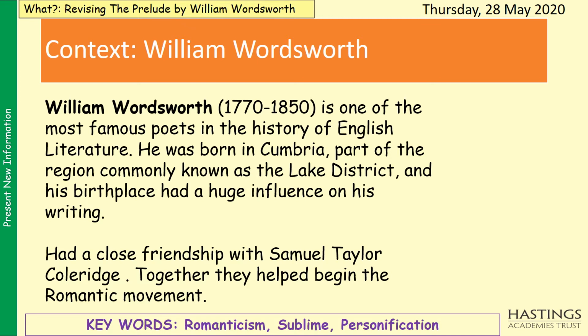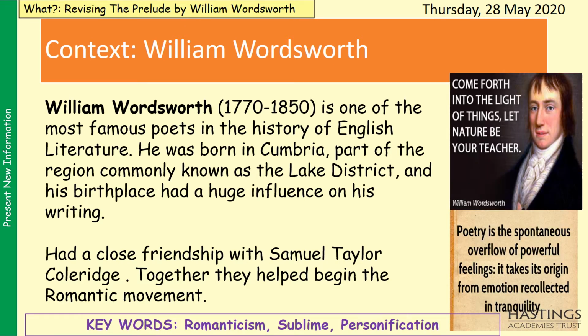His birthplace had a huge influence on his writing. It's a really beautiful place with mountains and lakes, and he used that as a lot of influence in his writing. He had a really close friendship with Samuel Taylor Coleridge, and they helped begin this romantic movement that was so popular in the 1800s.